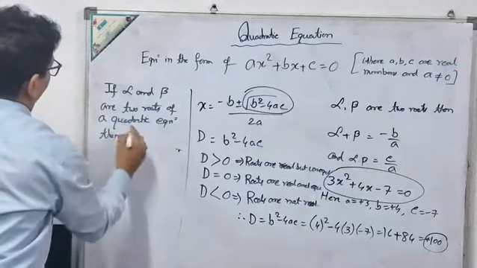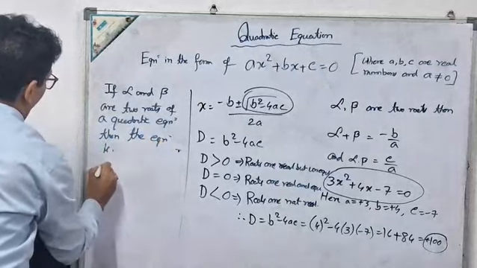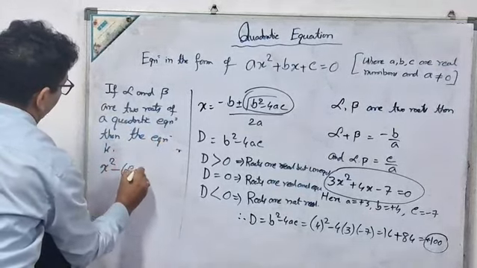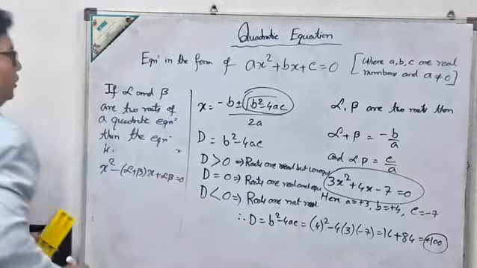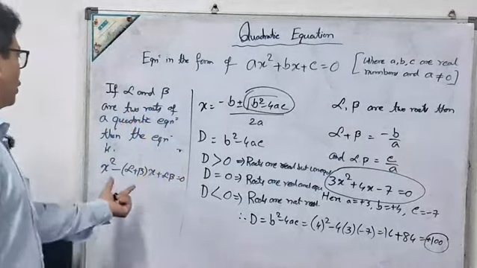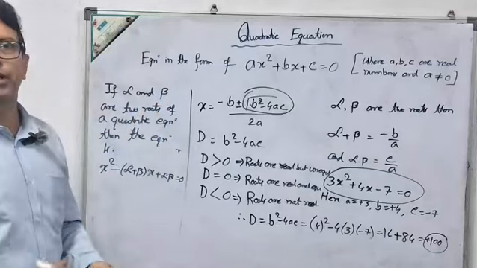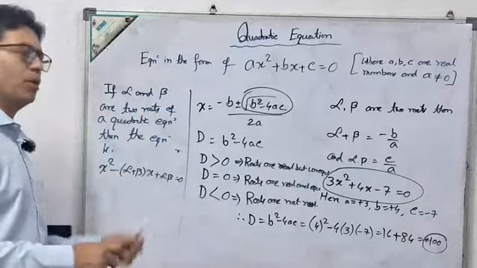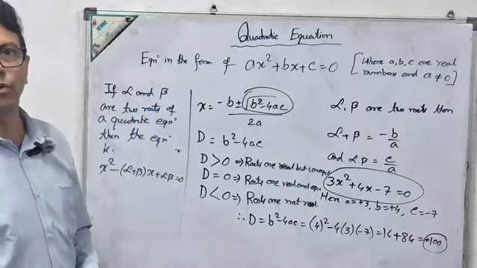The equation is x square minus (alpha plus beta) x plus alpha beta is equal to 0. Look, here alpha and beta both are given, and it's a very small formula that you have to keep in your mind. If the roots are given, we have to find the equation. How will we find it? By using this formula only: x square minus (alpha plus beta) x plus alpha beta is equal to 0.